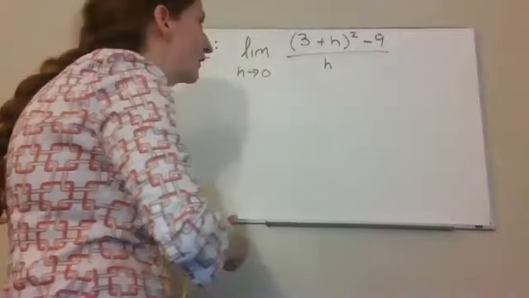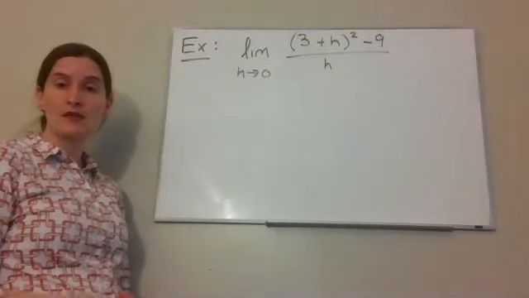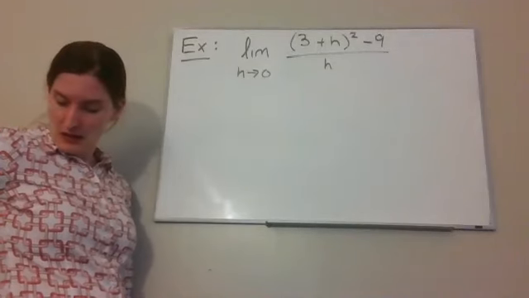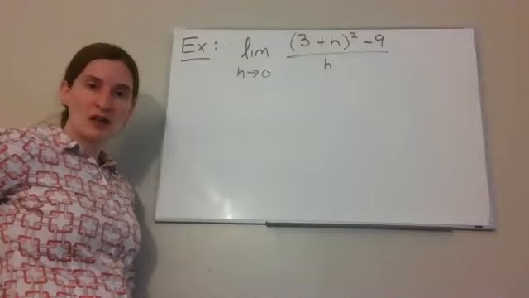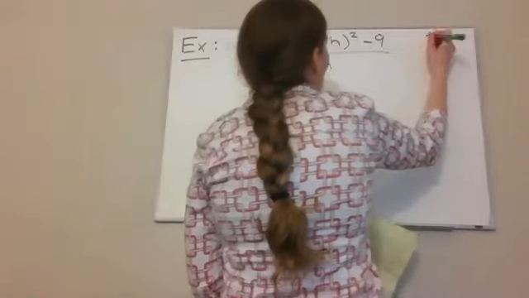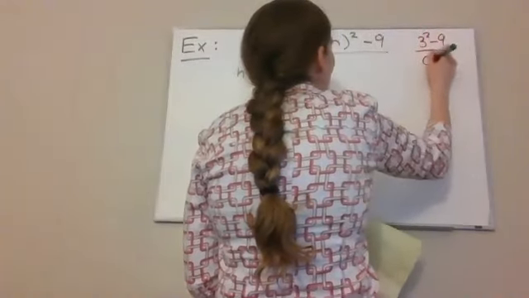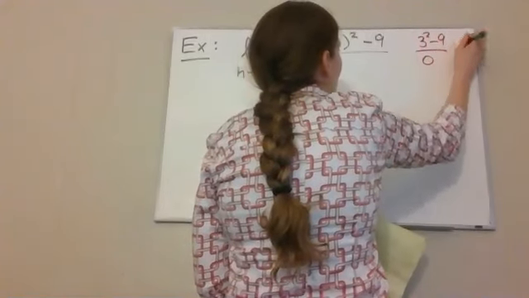So remember, the very first thing you should always try to do is just try the direct substitution and see what happens. If I were to plug h equals 0 into this particular problem, I'm going to get 3 squared minus 9 over 0, which is 0 over 0.